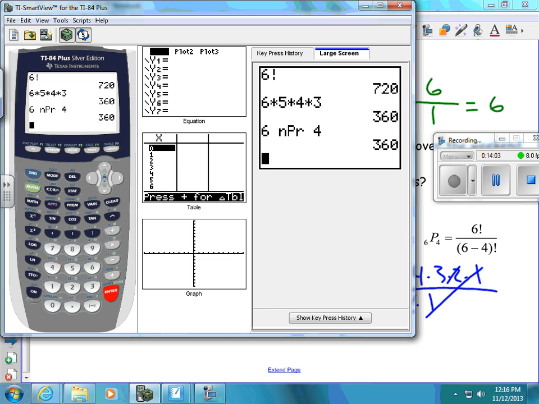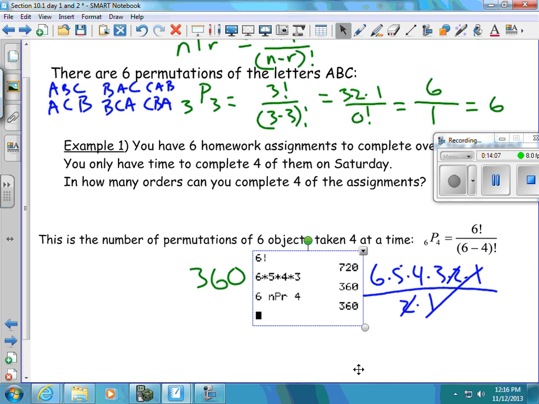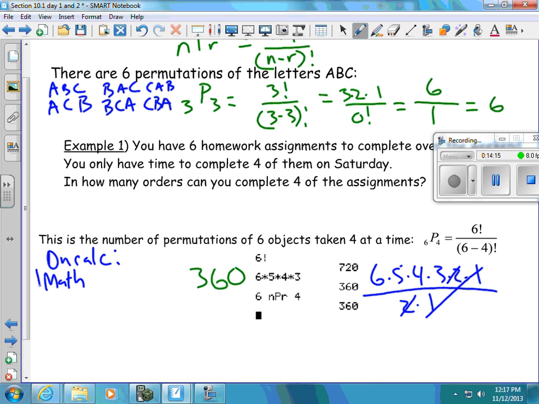I get 360 as well. So we can do this on our calculator. Once again, on your calc, we would pick math, PRB, and this time we would go to number 2, nPr.